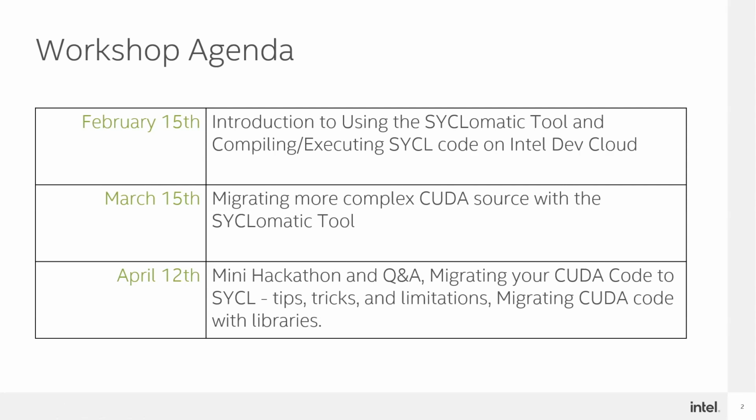This is an opportunity for you to come to the workshop with your own CUDA code that you want to migrate and have any questions, right? And then we will also do a recap of SYCLomatic and the migration process, and then give a quick overview of tips and tricks and limitations of the tool and so on, right?